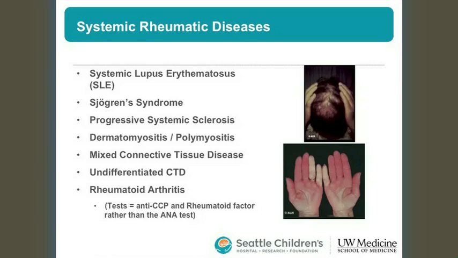Now, another thing that's really troubling and difficult about systemic rheumatic diseases is that before the diagnosis is made, a tremendous number of patients fall into the category of undifferentiated. They do not have enough criteria met in the clinician's eyes to be called a specific diagnosis like lupus, but they're suffering.